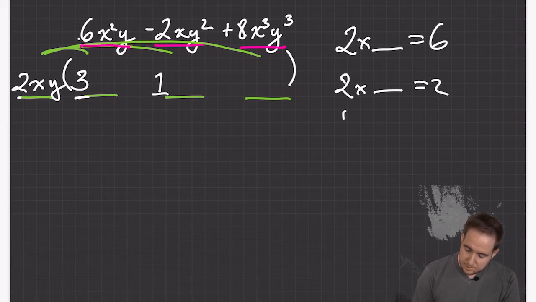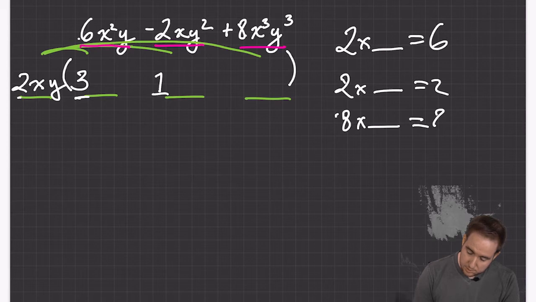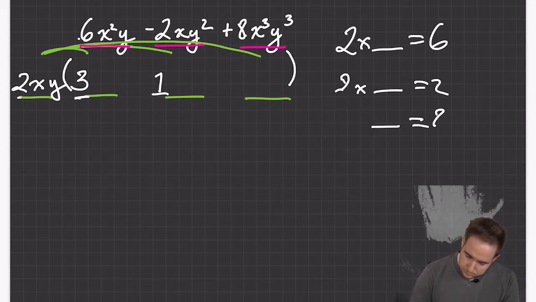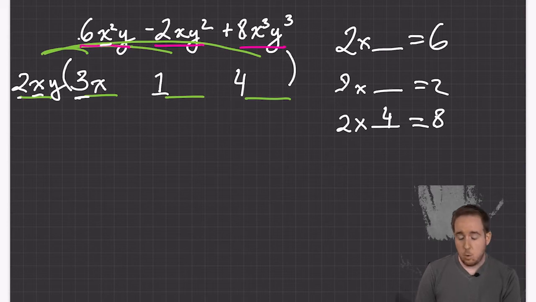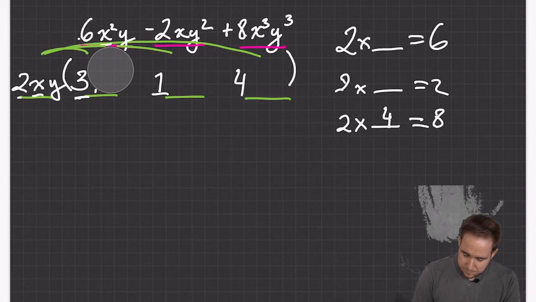And 2 times what is 8? And the answer is 4. x times what is x squared? That's x. y times what is y? That's just 1. So in this case, I will write this in, but you don't have to write.